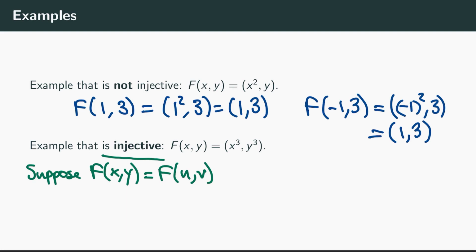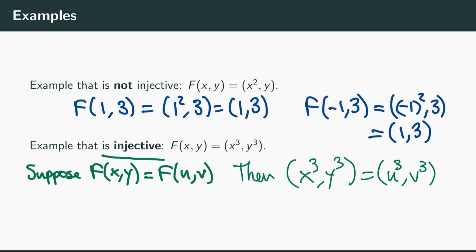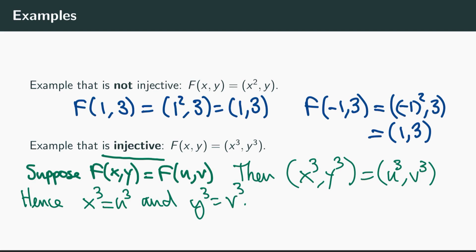Then what this means is (x cubed, y cubed) equals (u cubed, v cubed). So that gives us that x cubed equals u cubed and y cubed equals v cubed. And now we can just take cube roots.